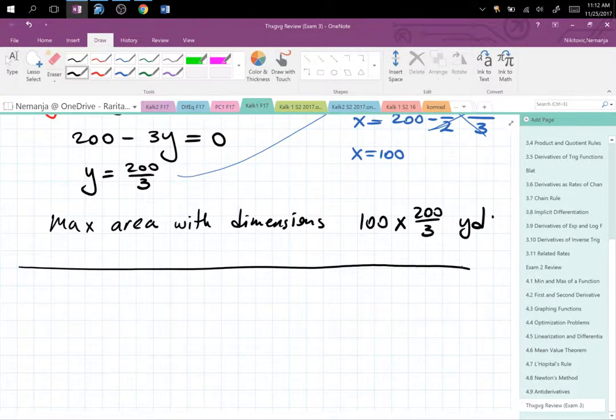The next one is the mean value theorem, I believe, or linearization, whatever it was.